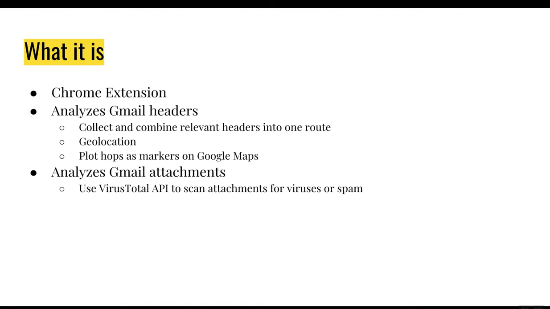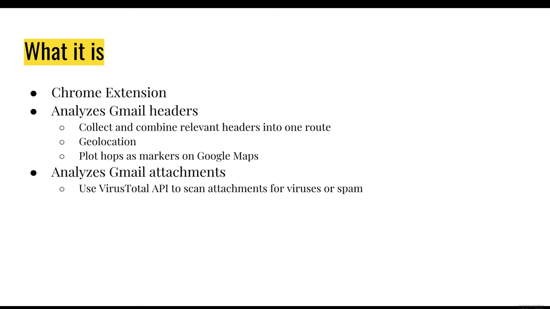So email analysis is a Chrome extension, and I built it in React.js. Basically, this tool analyzes Gmail headers for us. It collects and combines relevant headers, and those headers specify the different hops that the email traversed through, and we combine all those into one route.